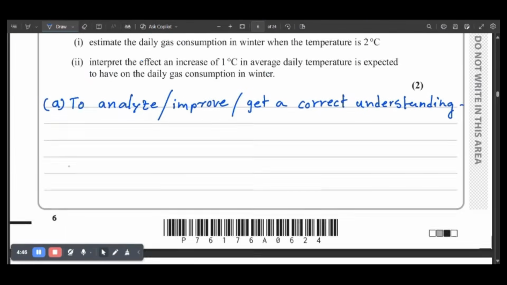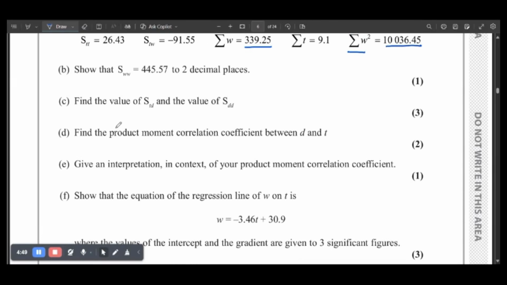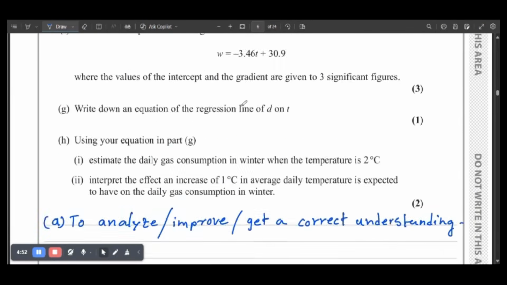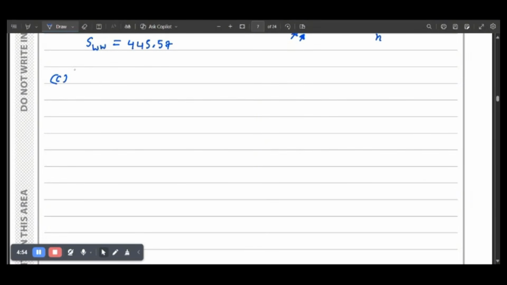For part C, we are asked to find the value of STD and SDD. One thing to notice here is that the summary statistics we are told to calculate cannot be calculated directly, because for this particular calculation, we need the sum of t and d minus the sum of t into the sum of d, divided by n.